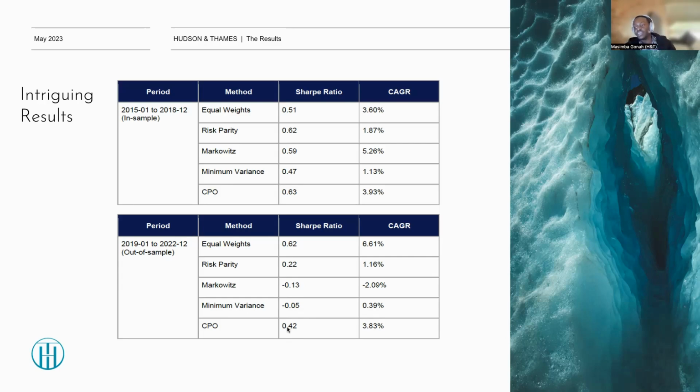I found that very interesting. I share the same sentiment with the authors that I wouldn't have thought equal weights would perform the best out of sample, given that equal weights is seen as a naive strategy because it's entry level. But maybe this gives us an idea, amongst many others, that we need to take the results with a pinch of salt. Anyway, we'll talk about that in the conclusion.